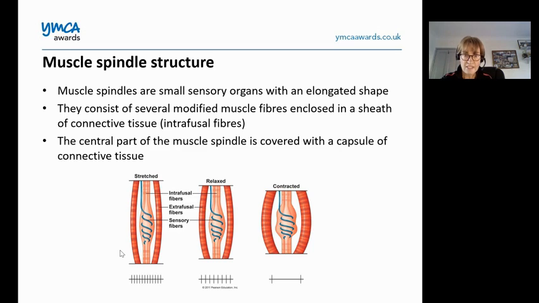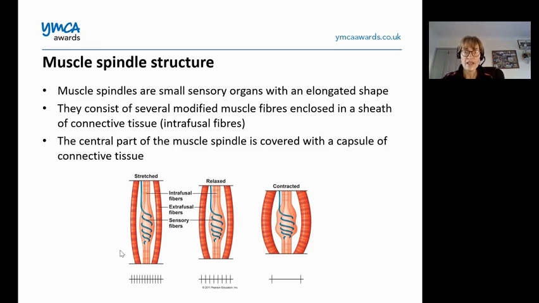You can see the difference when they're stretched, as in the picture on the left, and there's lots of firing. The lines underneath give an idea of how many messages would be sent along the afferent nerves as a result of being stretched. Lots and lots of messages. At relaxed, just a bit of firing, and when they're contracted, no firing happening.